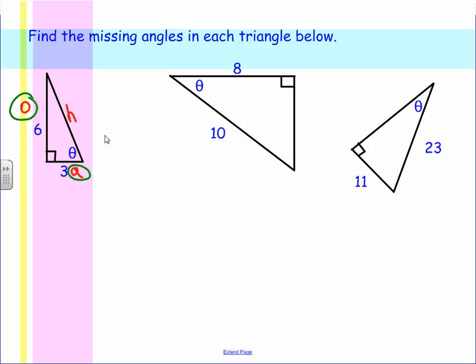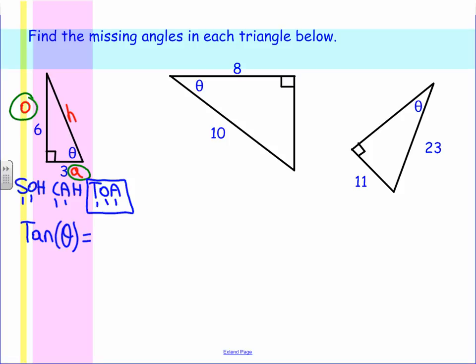To do that, you write out SOHCAHTOA, and you give the first ones all free checks, and then you check off your O's and your A's. This one has 3 checks. That means you need to use tan, and our tan ratio is opposite over adjacent, so 6 divided by 3.